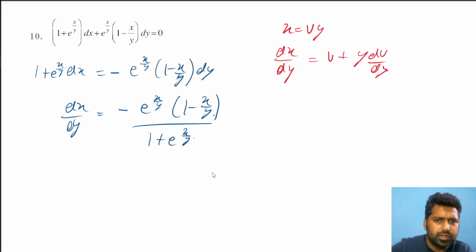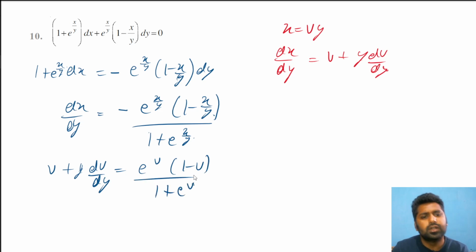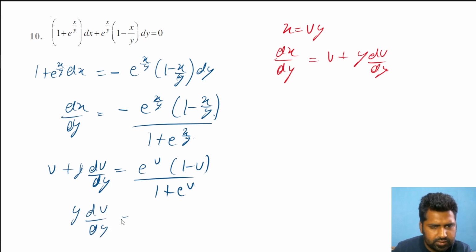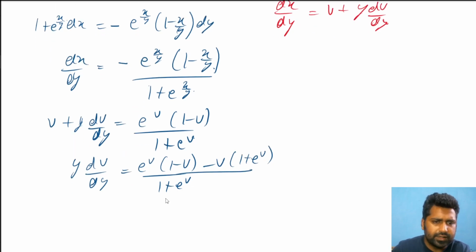Let's do the substitution now. dx by dy is v plus y dv by dy is equal to e raised to power x by y will be v, so directly e raised to power v, 1 minus v upon 1 plus e raised to power v. Take this v on the other side, y dv by dy. Copy this, minus v. So take the LCM and now solve. Multiply it and solve.